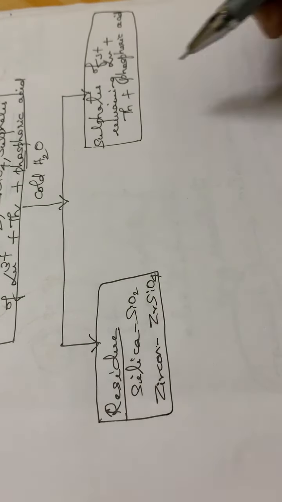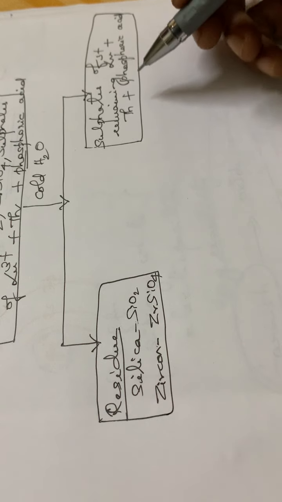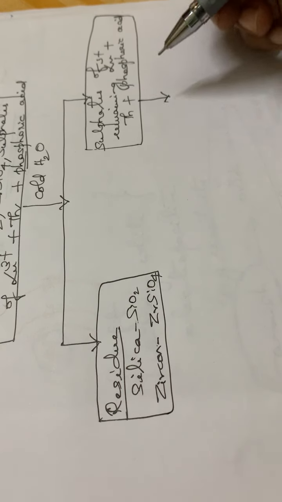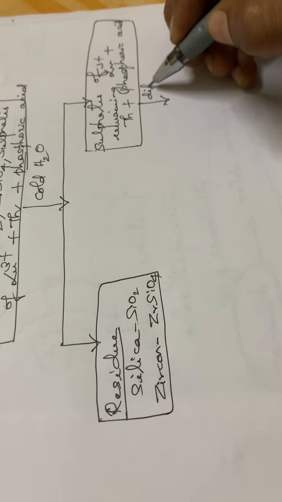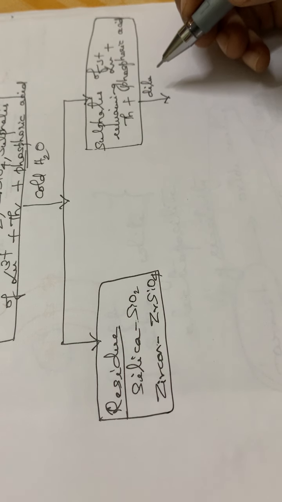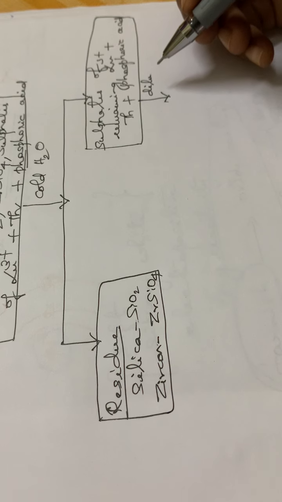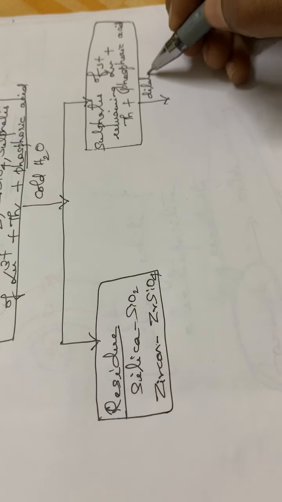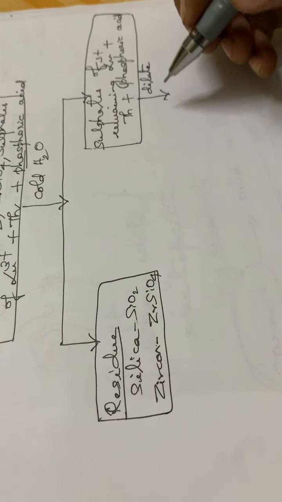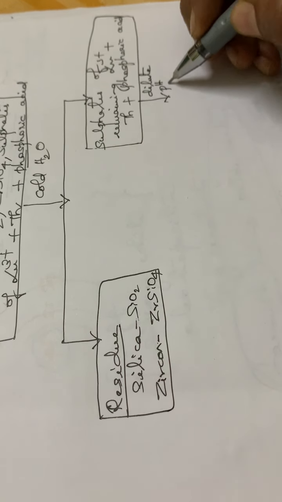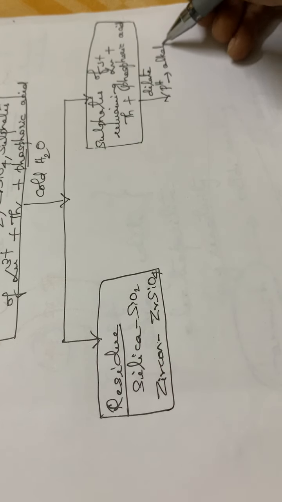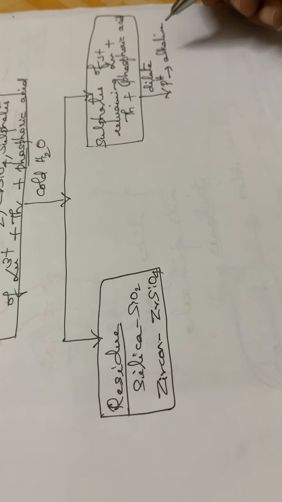Then in the next step, we have to isolate this thorium. For isolating this thorium, we have to dilute this solution, or add water to the solution. It is then diluted, and the pH is adjusted to an alkaline range.